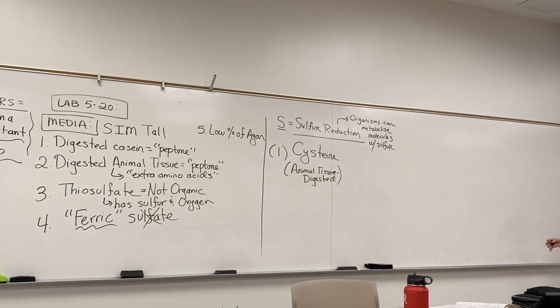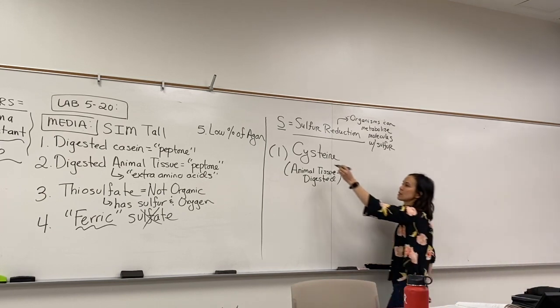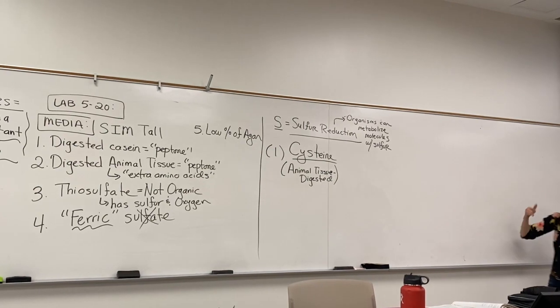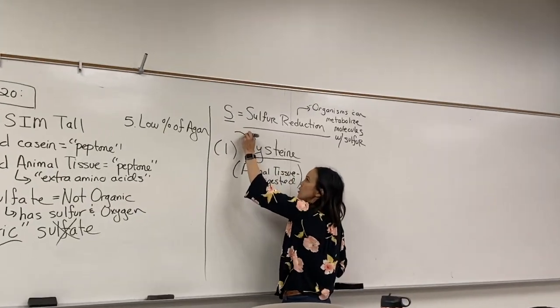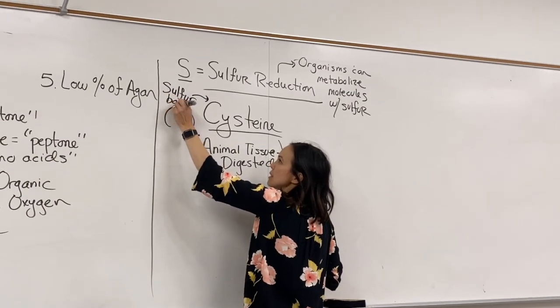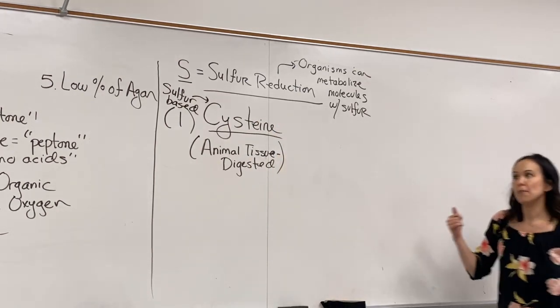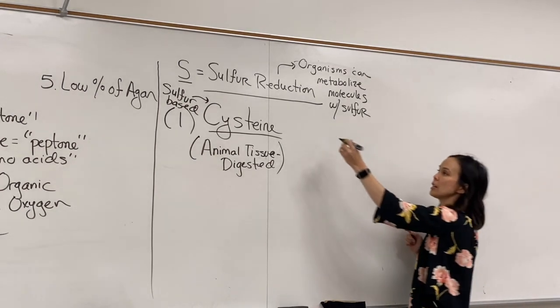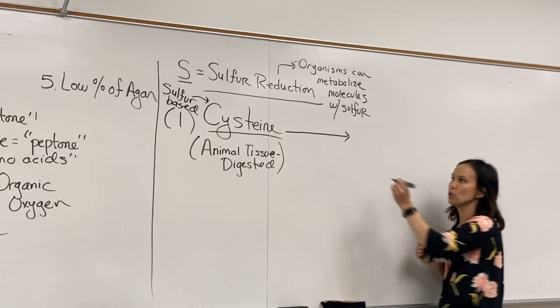We're just going to see if your organisms can use it for food. We mentioned it in lecture. It's called cysteine. Cysteine is unique because it's an amino acid that has sulfur in it. Not too many amino acids have sulfur as part of their chemical makeup. They have carbon and nitrogen and hydrogen, but sulfur tends to be more rare. So we're going to see if your organisms can use it as a source of food.